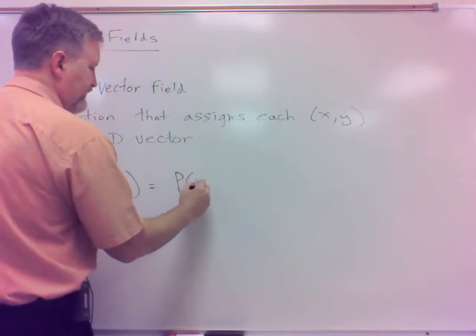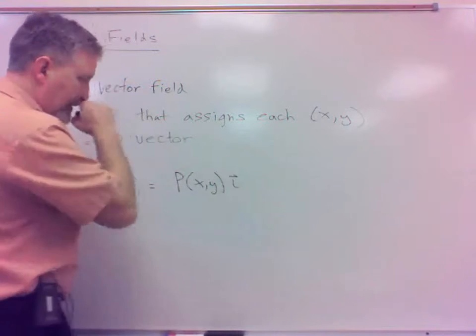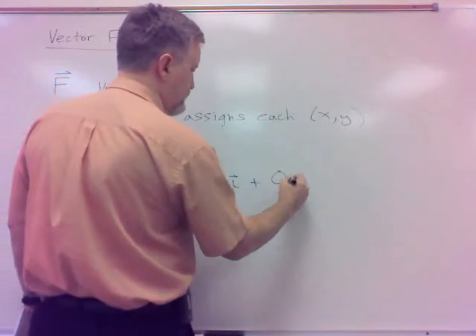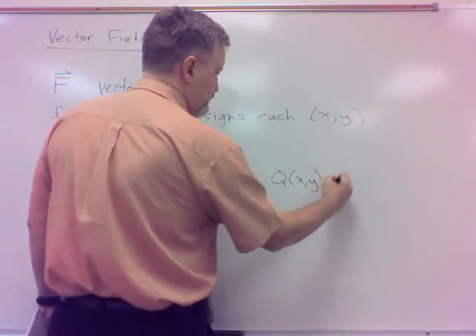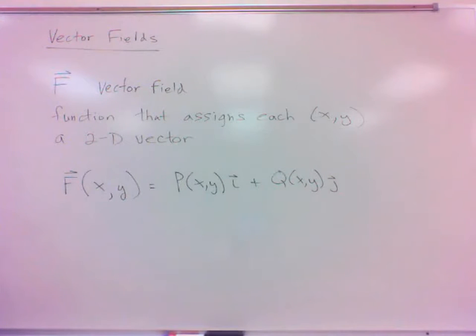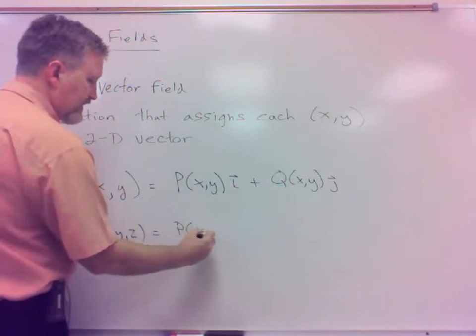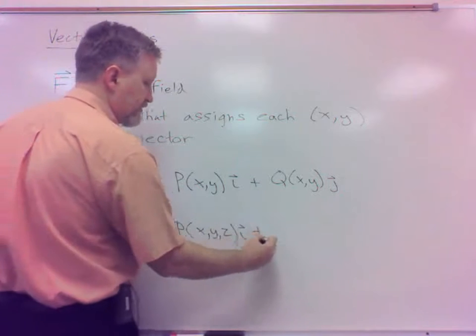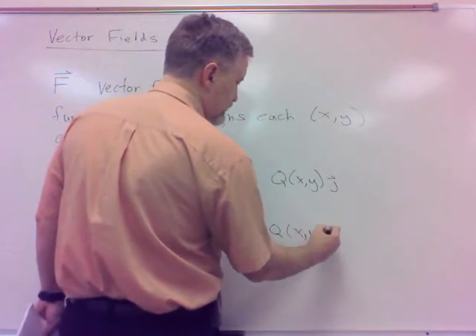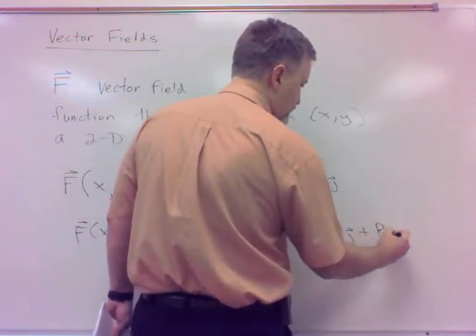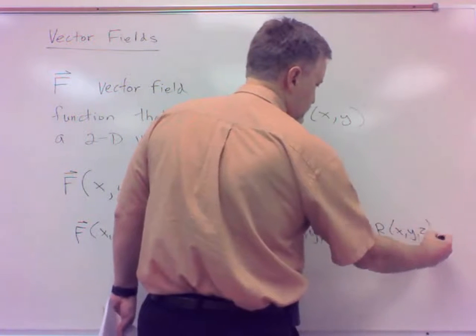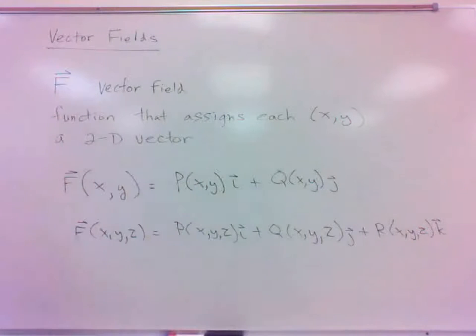And so you've got a function for your i component, call it P, and then a function for your j component, call it Q. Then if you have three dimensions, x, y, and z, it's P(x, y, z) i, Q(x, y, z) j, and then R(x, y, z) k would be the assignment we'd give for it. Okay?